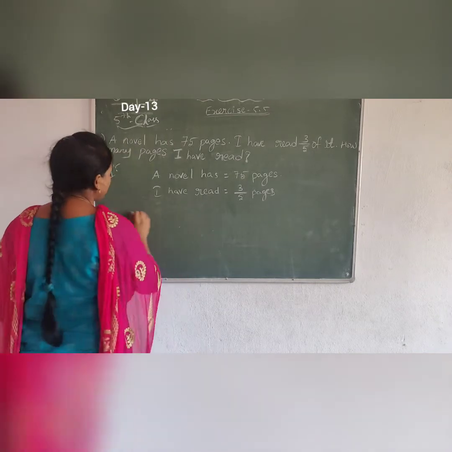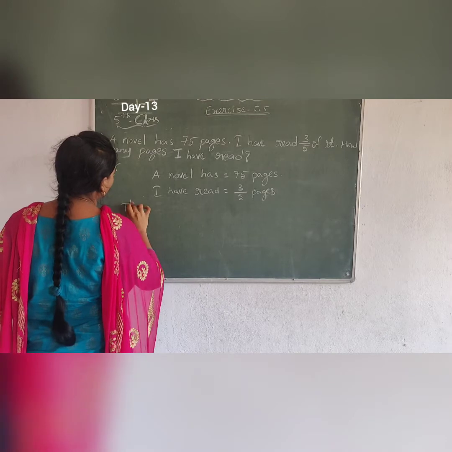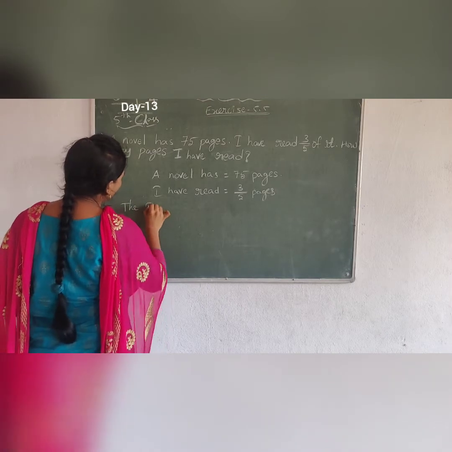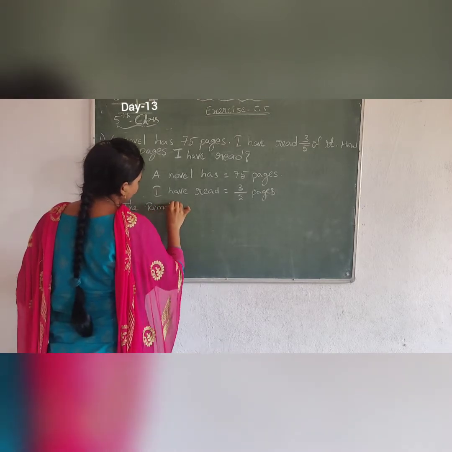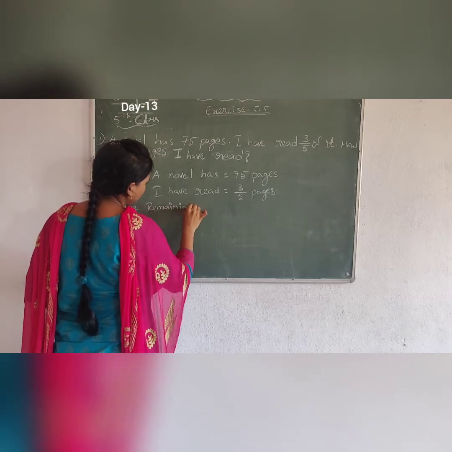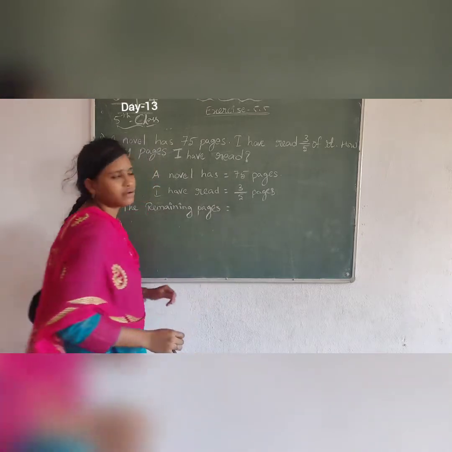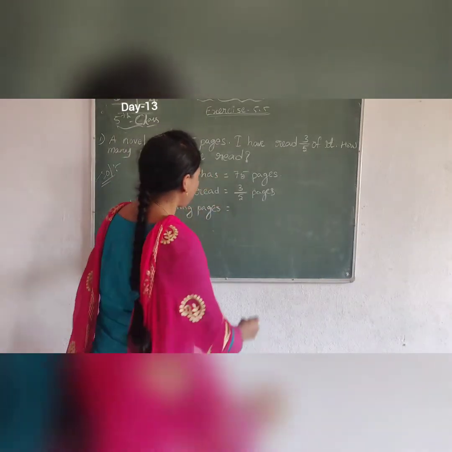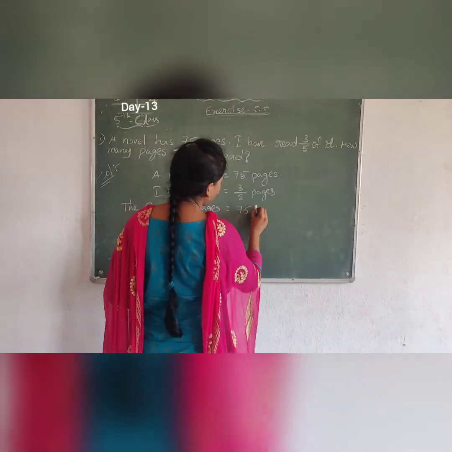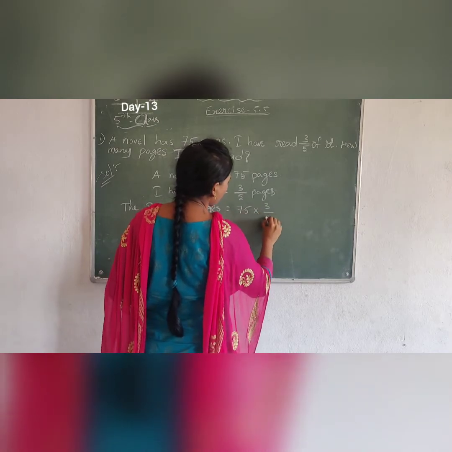The pages read equal to, just multiply these two numbers, 75 into 3 by 5.